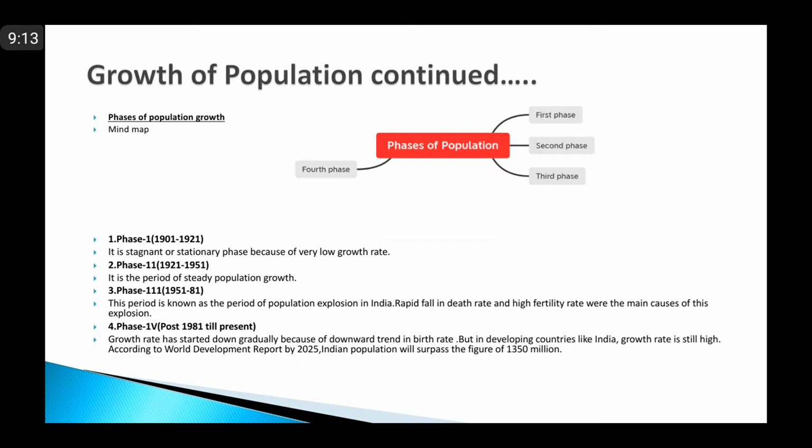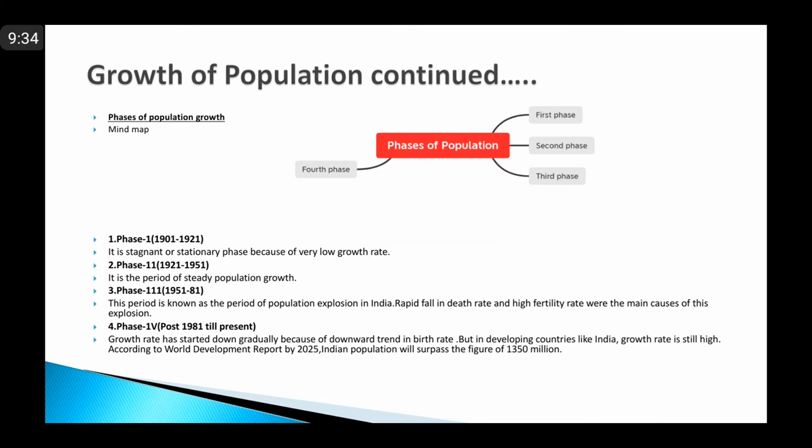Once again I am telling you, this was in turn affected by an increase in the mean age at marriage, improved quality of life, particularly education of females in the country.